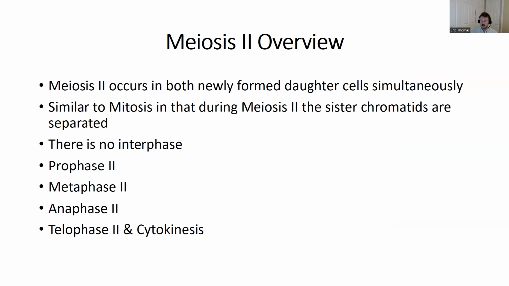It should be noted that there is no interphase at this point. We don't need an interphase. We've already replicated our DNA, so it serves no purpose here. So meiosis 2 commences, and we move right into prophase 2, and then metaphase 2, anaphase 2, and telophase and cytokinesis 2.